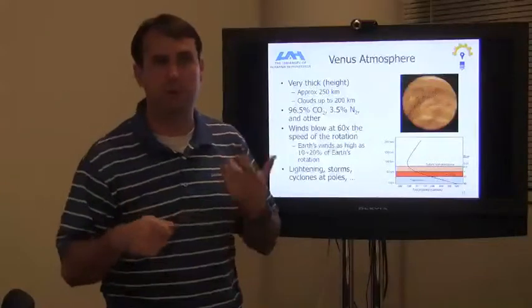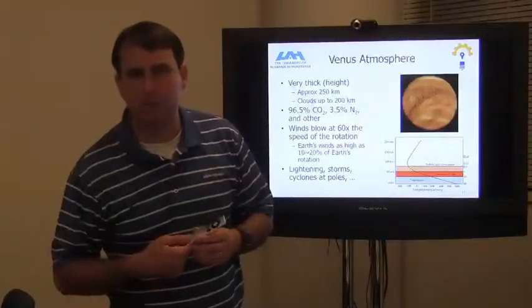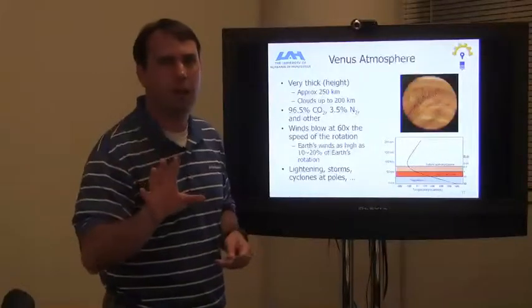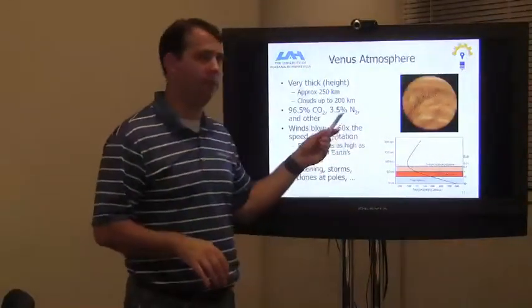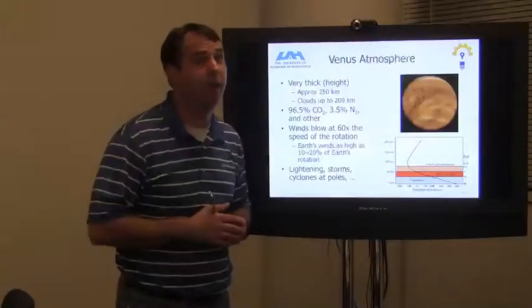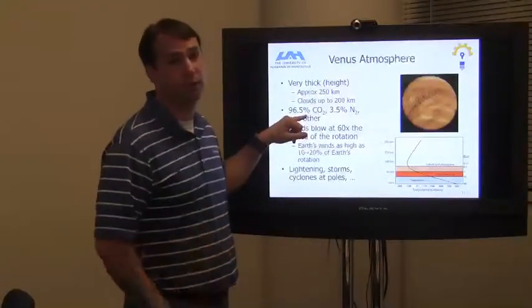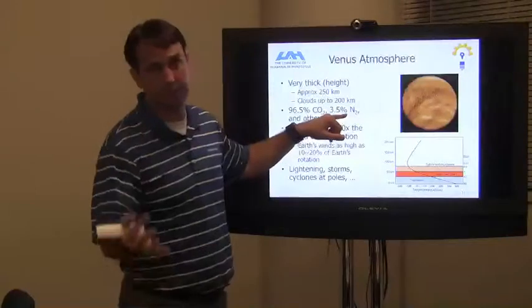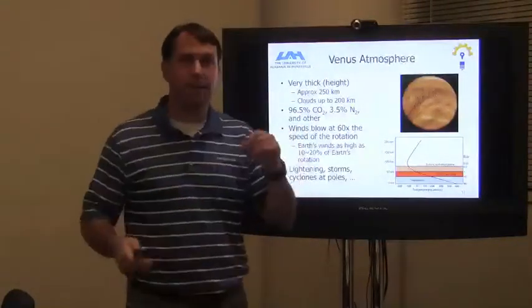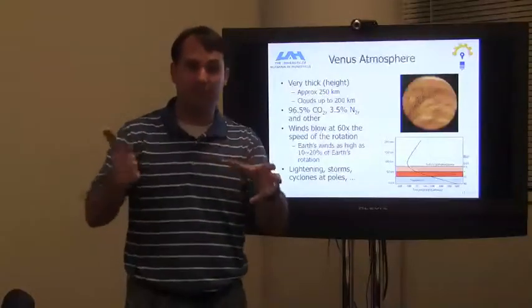Earth's atmosphere is around 78%, 77% nitrogen, okay? Earth's atmosphere has a lot of nitrogen in it. Venus's atmosphere has almost the same amount of nitrogen, but it's got so much more CO2 that the percentage is lower, okay?